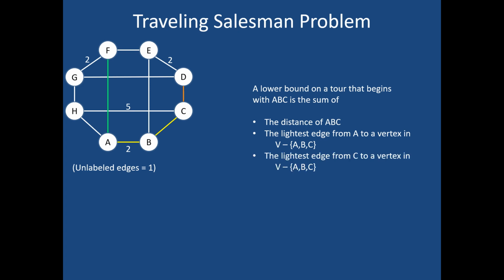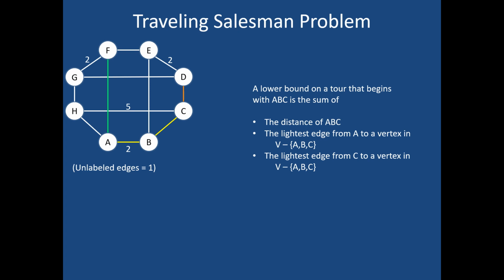Okay? And we're going to have some edge that goes from C out to the unvisited vertices. So again, we'll be conservative and say it has to be at least as big as the lightest edge from C on out. All right, so we've got A, B, and C connected. We've accounted for the way that A and C are going to connect out to the rest of the graph.